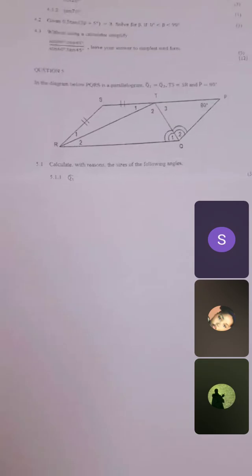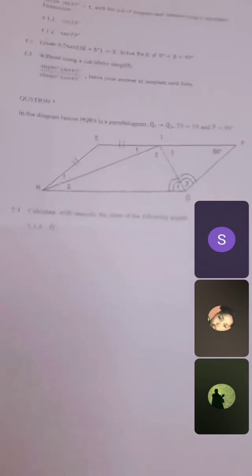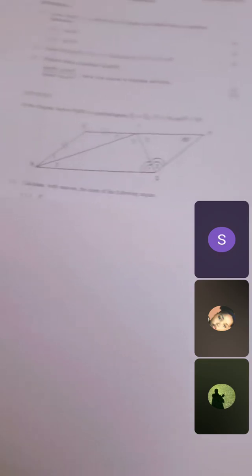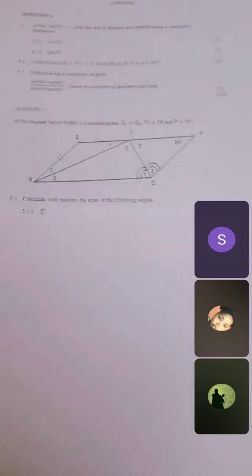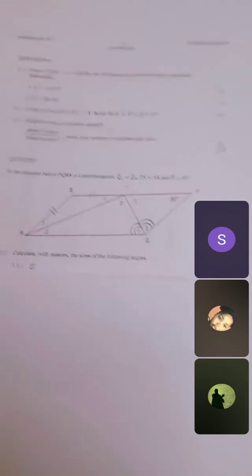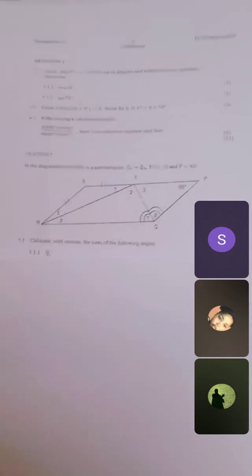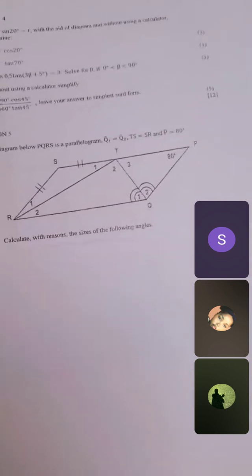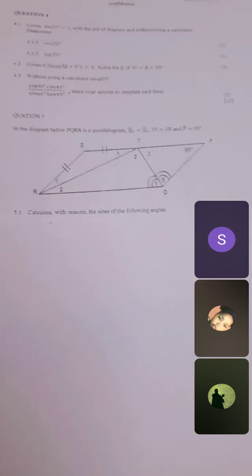Now they're saying calculate with reasons the sizes of the following angles. Angle Q1. What would be the size, and why? Remember, we always provide reasons with Euclidean geometry. You don't just write; there must be a reason and it must be acceptable. Any thoughts?